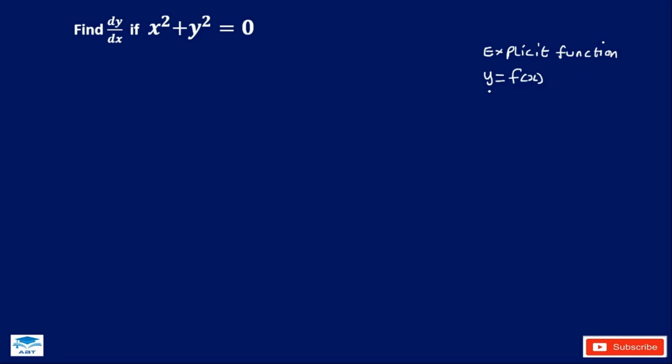That is, if y is alone at one side of the equal to sign and the other variable is at the other side, then that function is known as explicit function.